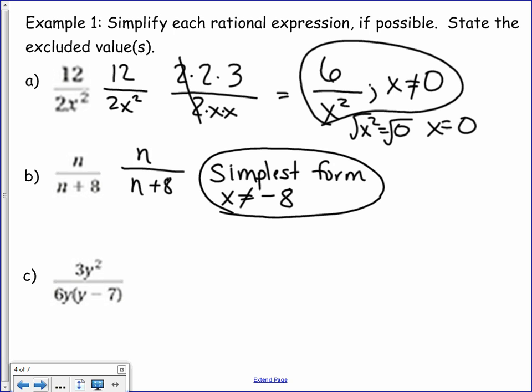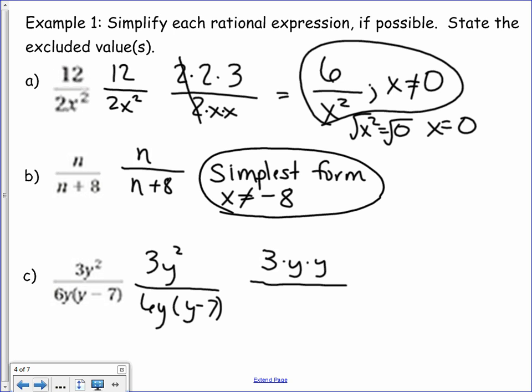Now for part C, I'll just rewrite this first of all so it's easier to read. Okay. First thing that we want to do is to write out the factors. Okay. The prime factorizations basically.